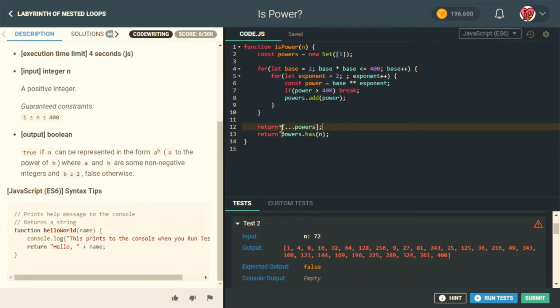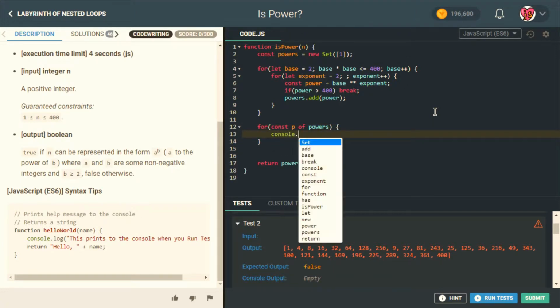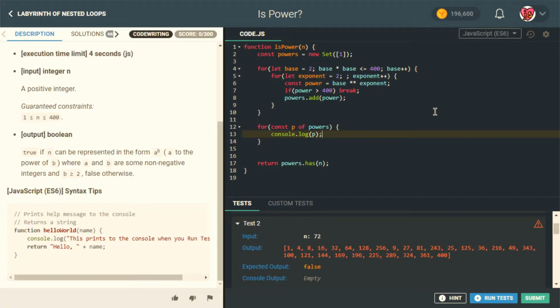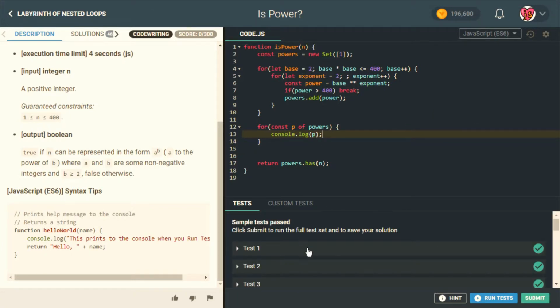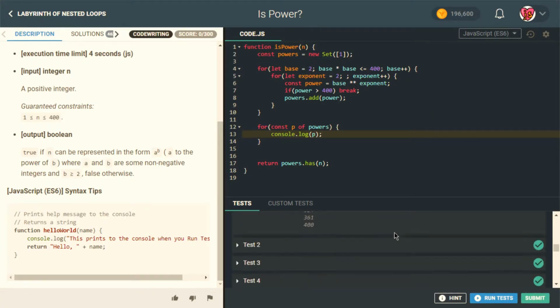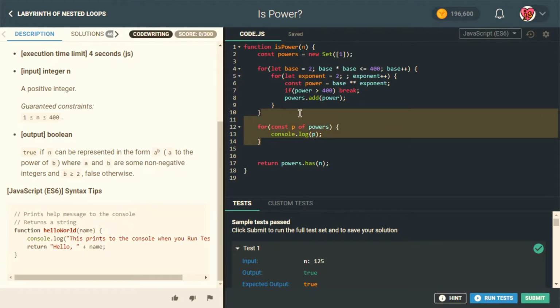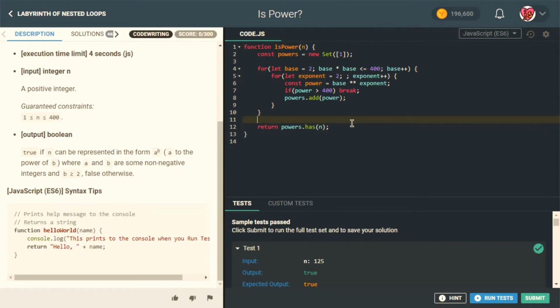I'm wondering if we could run a loop on it. Could we do that? For const p of powers, let's do a little console log of p. Let's try that. Okay, so we can iterate through a set. So I guess there is some kind of ordering on it.